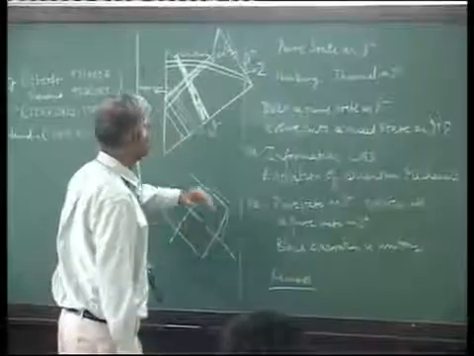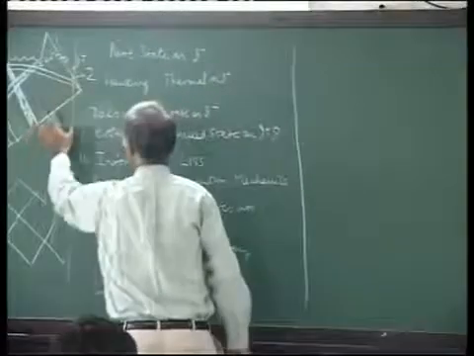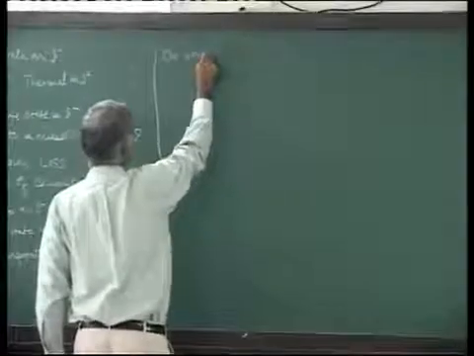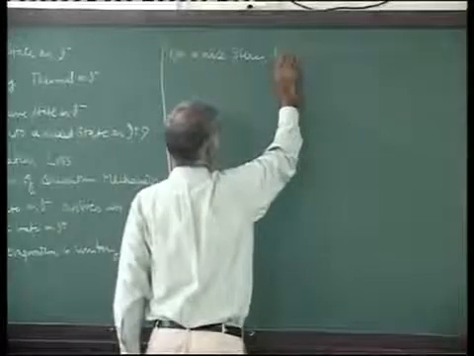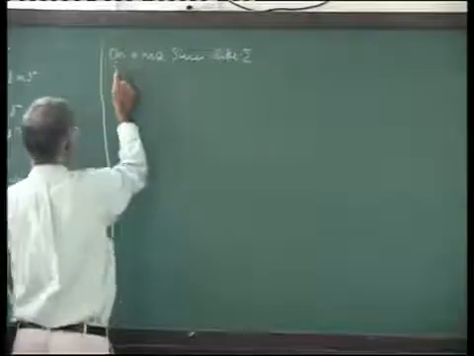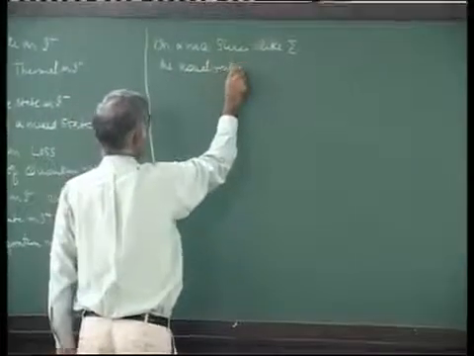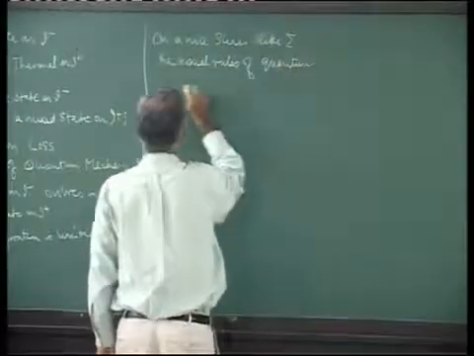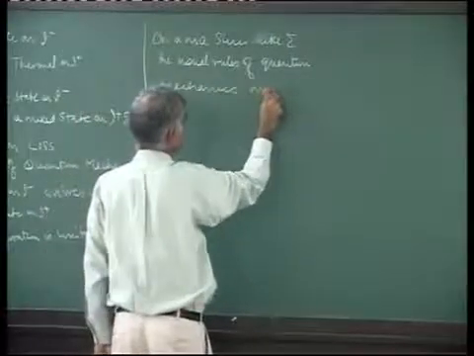The consequence of assuming that the evolution is unitary on a nice slice like sigma is that the usual rules of quantum mechanics must break down.